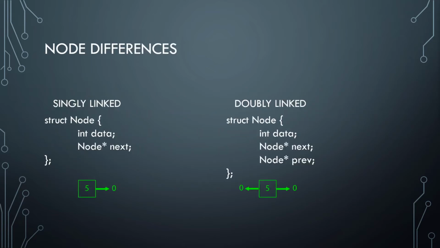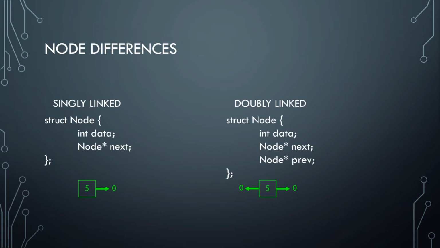Here we have a couple examples of some common node structures. Just for simplicity here, I've made these with integers, but in reality, they would probably be templated, just like any other data structure, so that we would have a lot more flexibility in what we store.